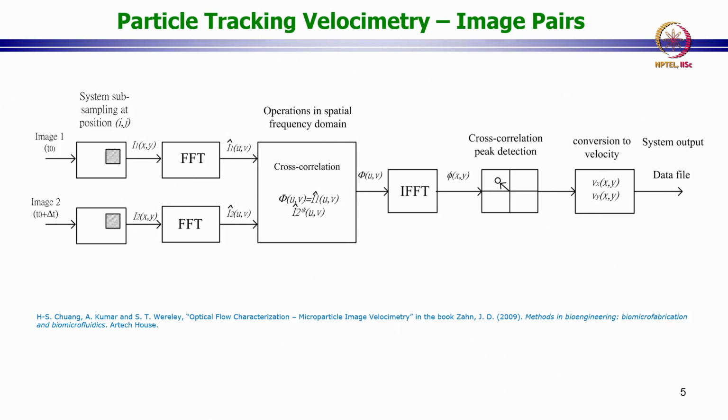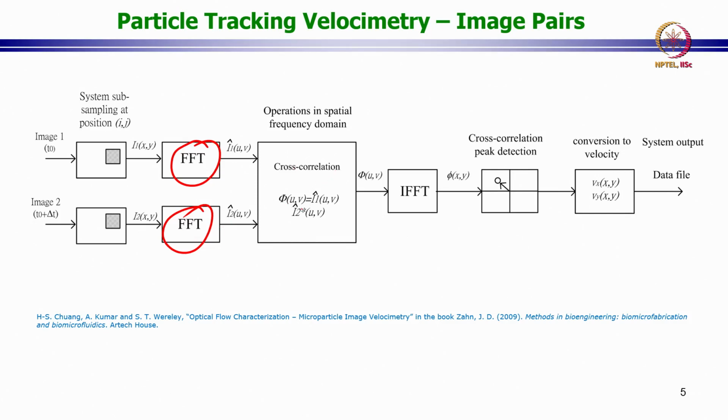So when you are implementing PIV codes which should be able to run in real time, or at least not take too much time for the evaluation, you have to switch to what is known as the fast Fourier transforms, FFTs, where the images are taken and then converted into the fast Fourier transforms.